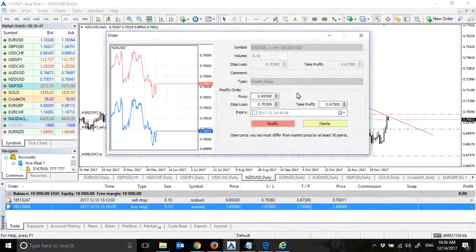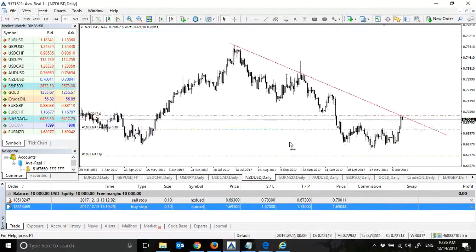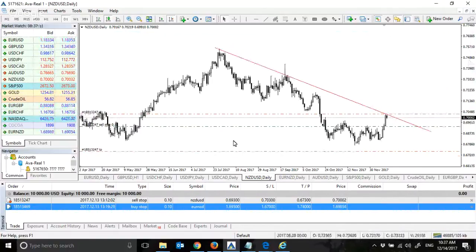I will just set my stop loss slightly above yesterday's highs, around 0.70300, just for now. And of course, once the trade enters the market, I'm going to modify the stop loss and the TP points with respect to the market conditions. So this is one thing that we are changing today.